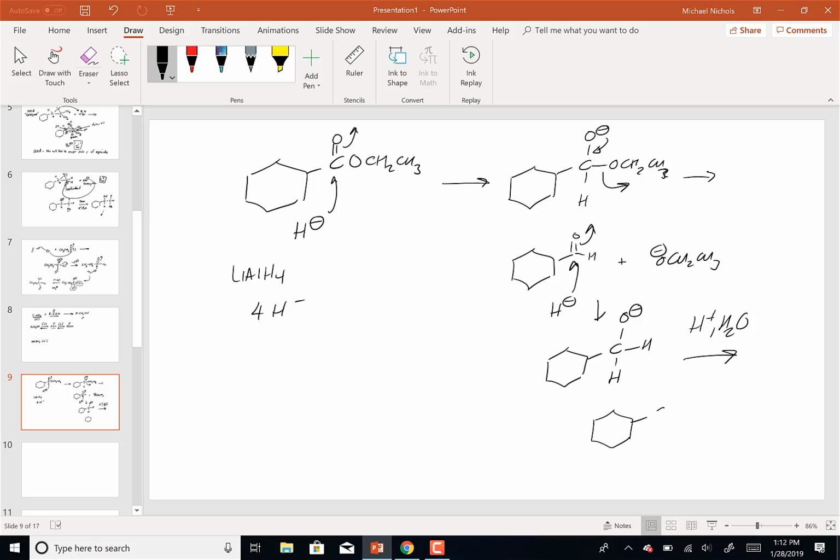So in this case, the final products are that this part of the ester is going to form a primary alcohol, and the alcohol part of the ester is going to split away.